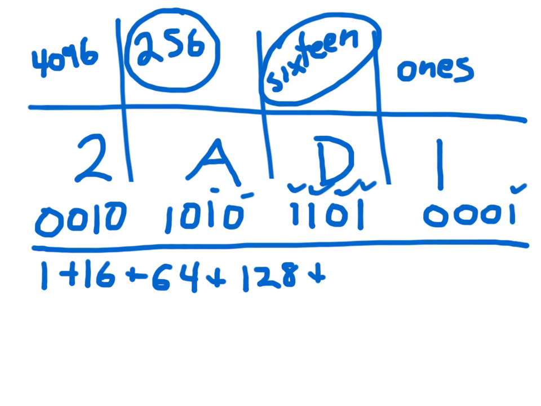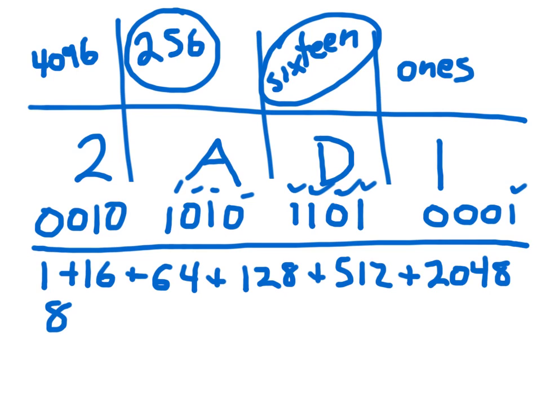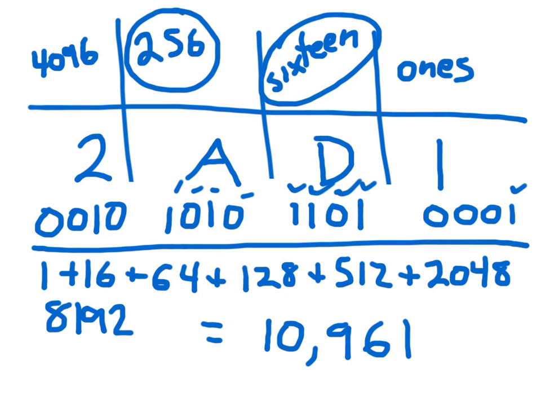Nothing in the 256, a 1 in the 512's place, nothing in the 1024, and then a 1 in the 2048 place, nothing in the 4096 place, and then we have a 1 in the 8192 place. So if we add these values all together, we get 10,961.